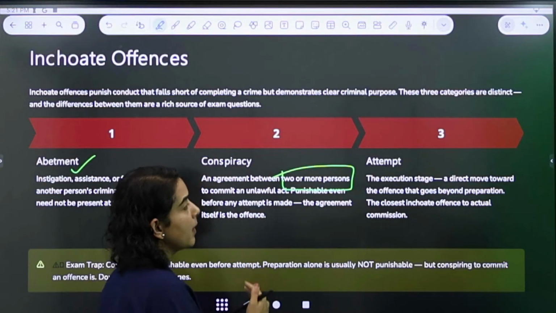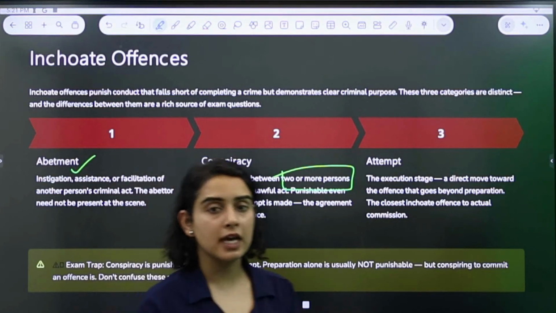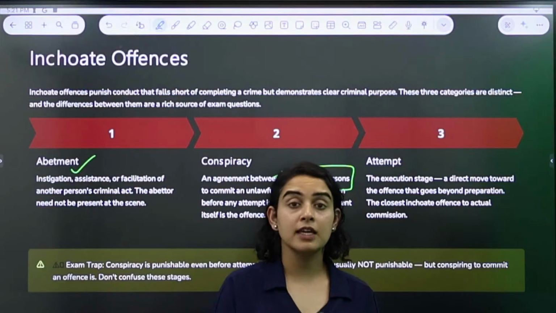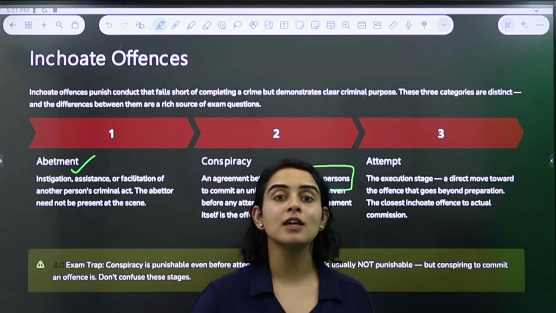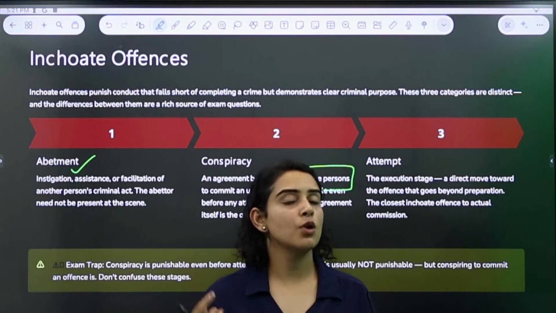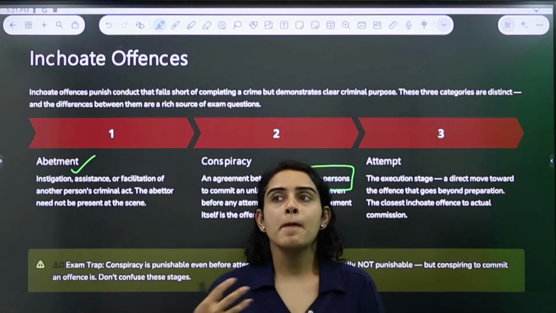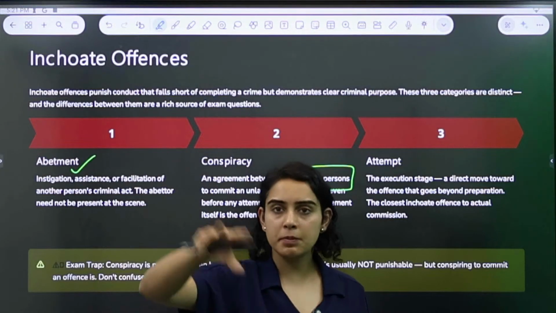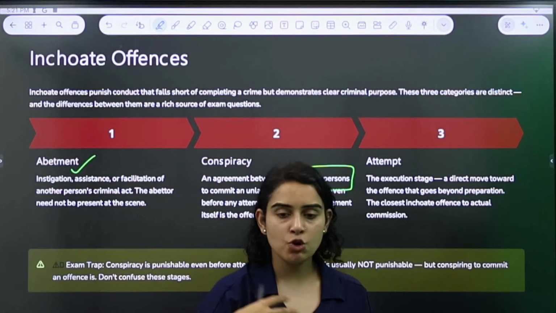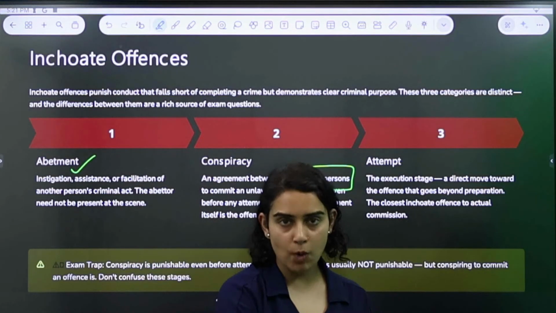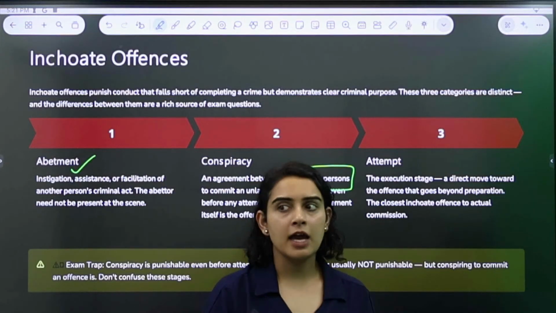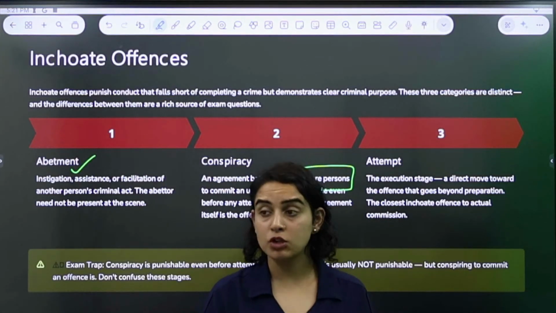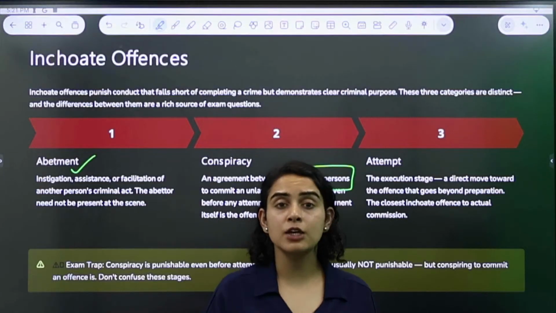When two or more people come together and plan and execute a crime, that is called conspiracy. So, even if my job was just to bring person C, the victim, to a spot, and I'm not the one who has shot him, I'm not the one who has done anything wrong to him.